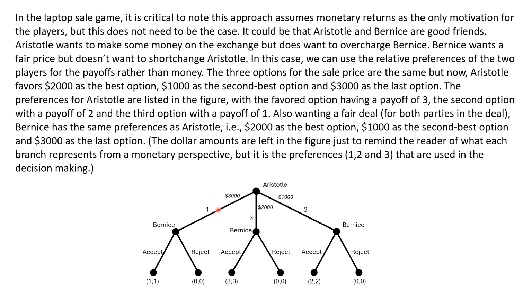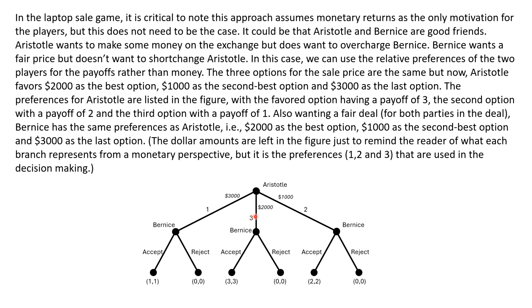If Aristotle offers 3,000 or 1, this option 1, his least favorite option, then if Bernice accepts, they would both have a payoff of 1. She would get her least favorable option, as would Aristotle. And if she rejects, they would both have a wash, a payoff of 0.